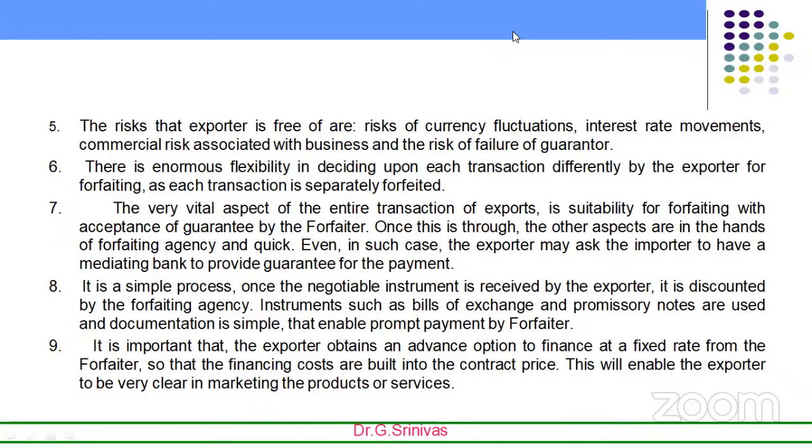So there is no risk of fluctuation. On the date of transaction, whatever the rate is, that rate will be given by the forfeiting company. So there is no bother about currency fluctuations and interest rate movements, and also commercial risks like political risk and economic risk. They are not associated with the exporter; they are associated only with the forfeiting company. The exporter is free from all the risk.